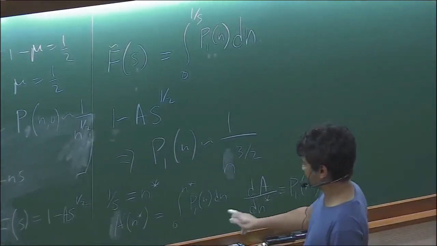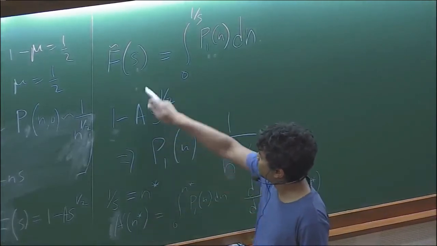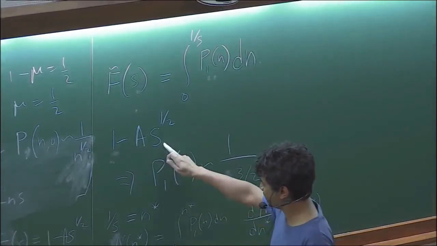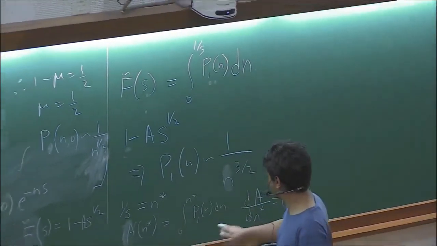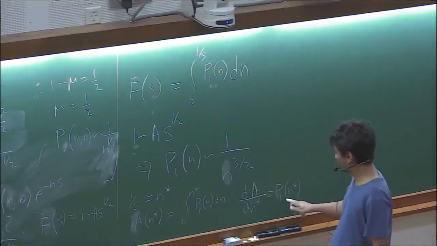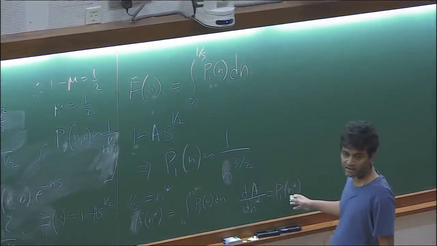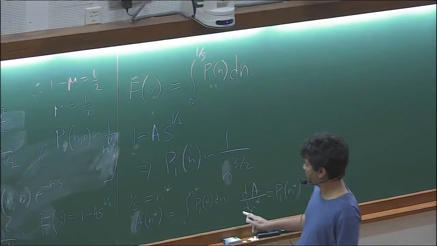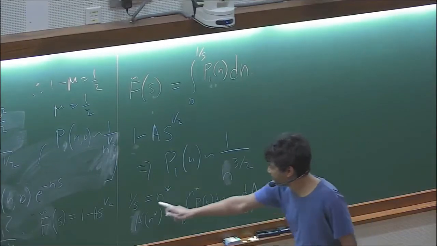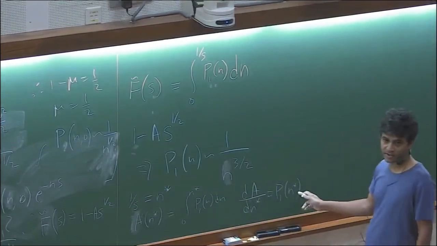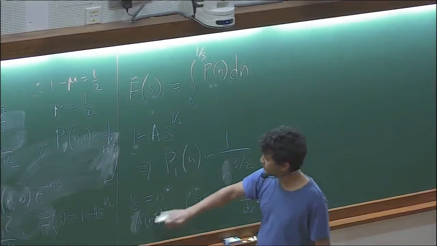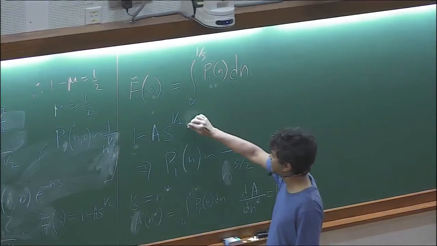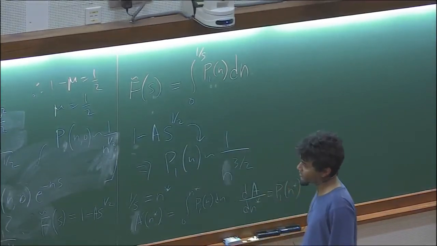So given this function of s, I should first write it as some new variable n star, and then take a derivative. That will give me p1 of n star, and then I just replace n star by s again. Okay, so given this integral, I can invert it by just doing this. Since I know the left hand side, I can take a derivative, and then I should put s equal to 1 by n. Okay, so that will give this p1 of n equals 1 by n.